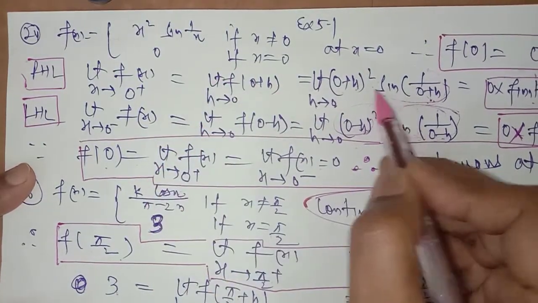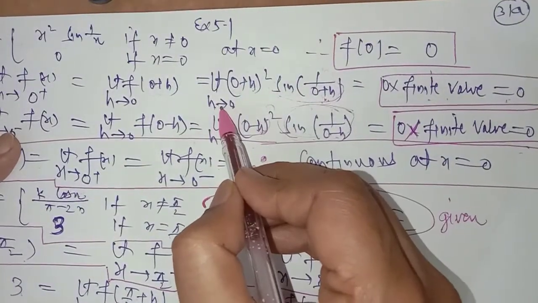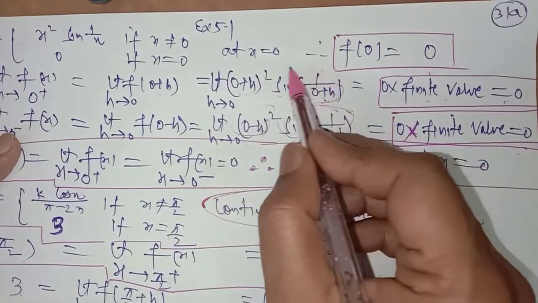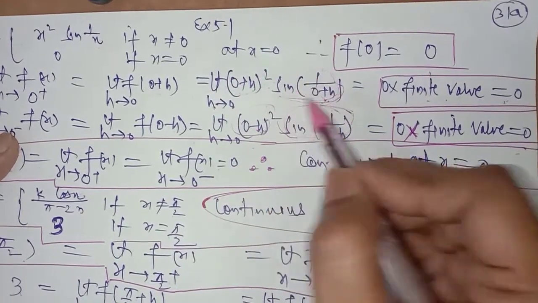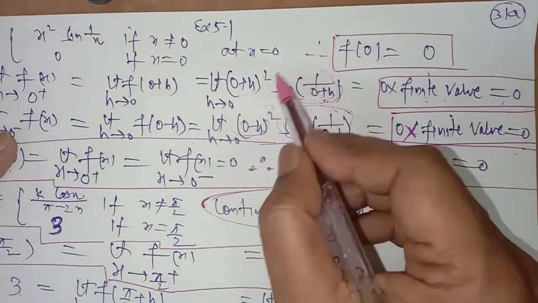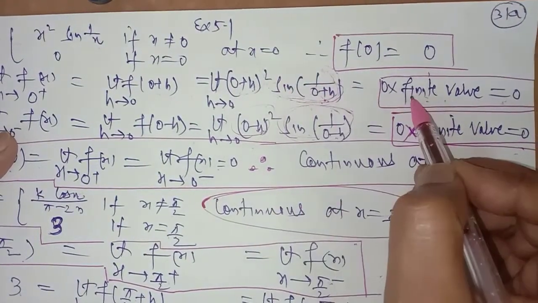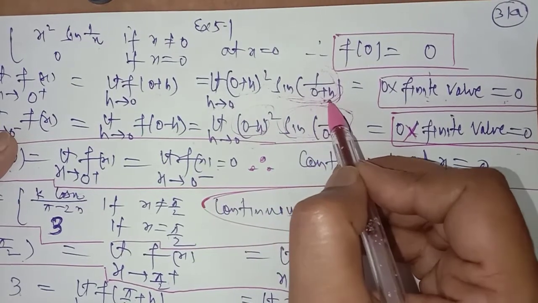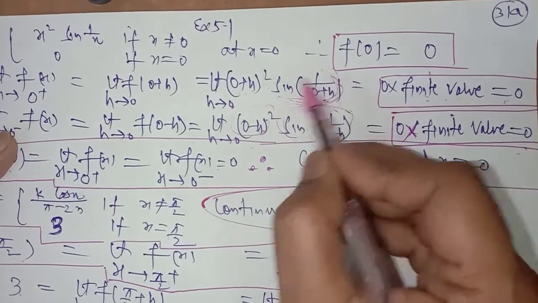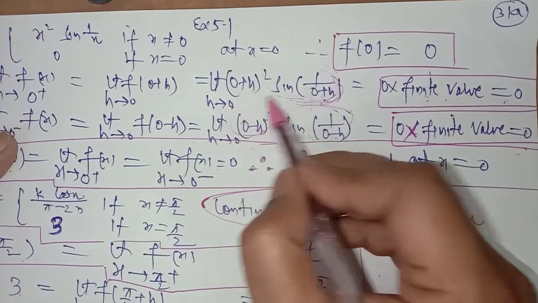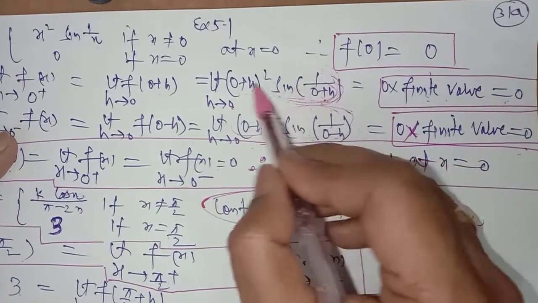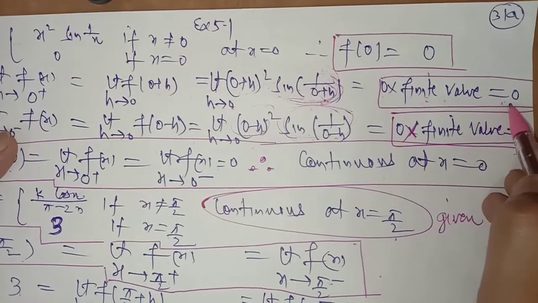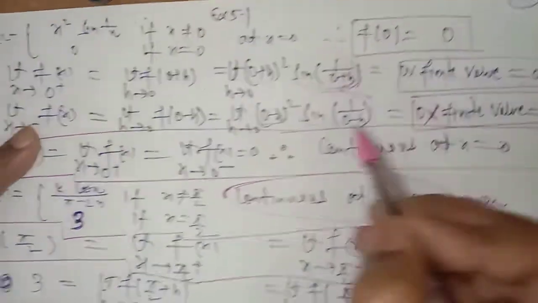Now if we take the limit, this term will become 0, and the value of sine is always finite, whatever the angle. Sine 1 upon 0 plus h will always be finite for any value of h. This is a main step: 0 into a finite value is equal to 0. So the right hand limit is 0 here.